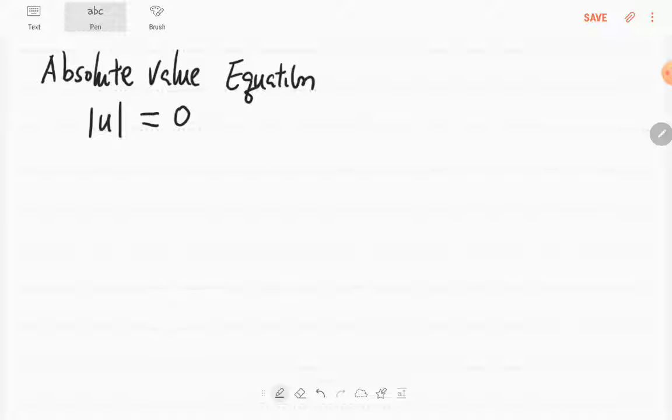The typical one would be the absolute value of u equals c, where c is greater than or equal to 0.